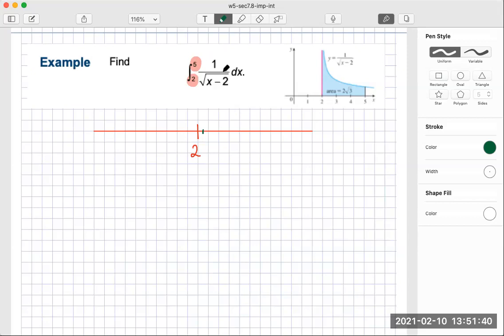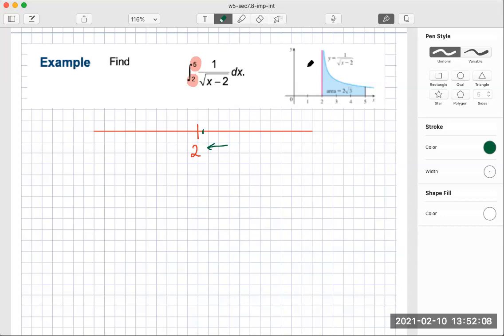Therefore, the integrand goes to infinity when x approaches 2. Do you see it? Or you can look at the graph here. When x approaches 2, the graph of this function goes to positive infinity. Okay? This is the type 2 improper integral.